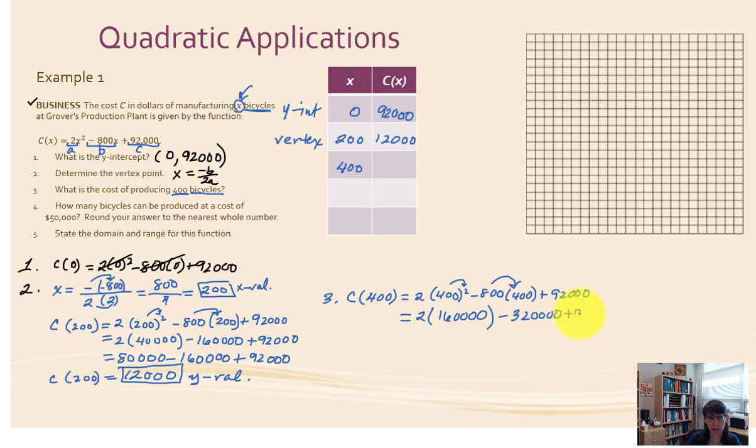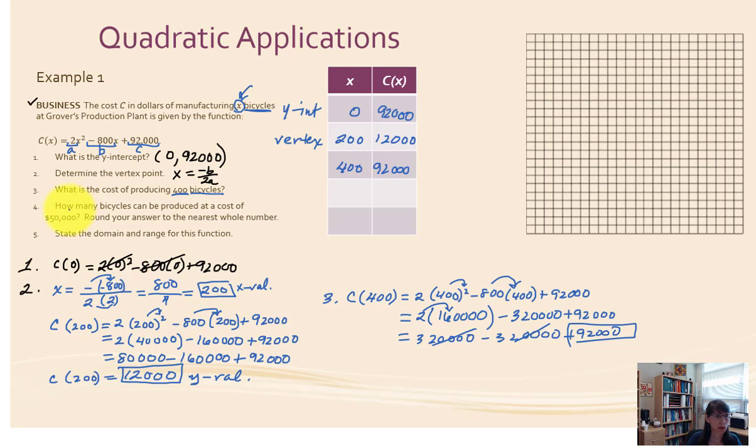And finally, we have our plus 92,000. 2 times 160,000 is 320,000 minus 320,000. That's interesting. Plus 92,000. So these first two terms are going to be eliminated, and we're left with our 92,000. So when the input was 400, our output is 92,000.